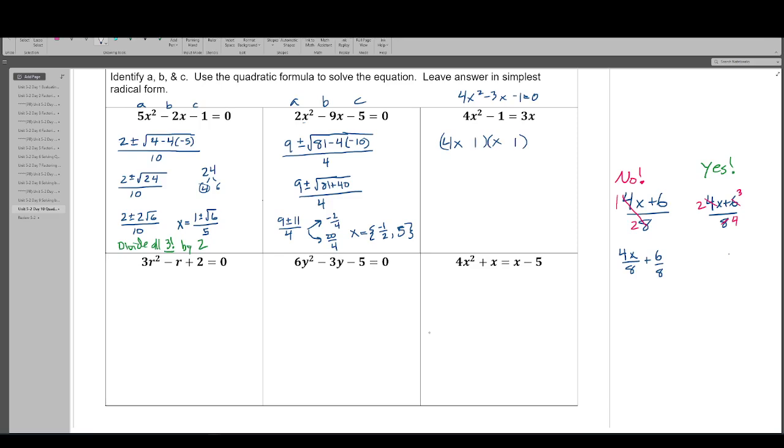If we do a minus 4x and a plus 1x, then we get x is equal to negative 1/4 or positive 1. And that is the easy way to solve that. Do not do quadratic formula for that.